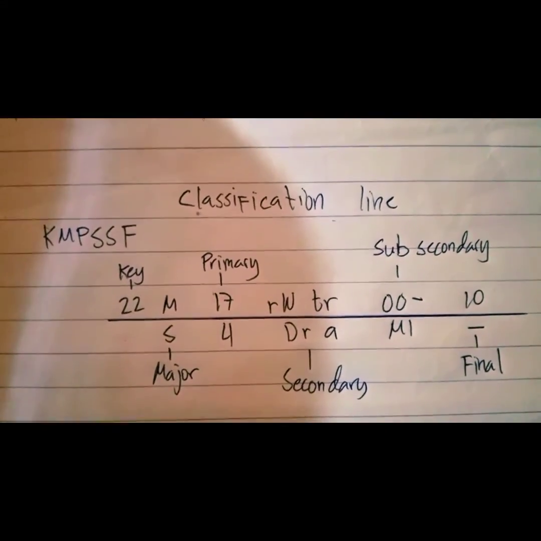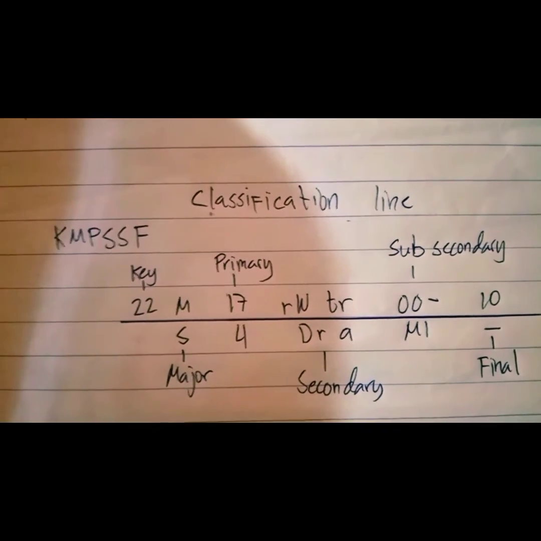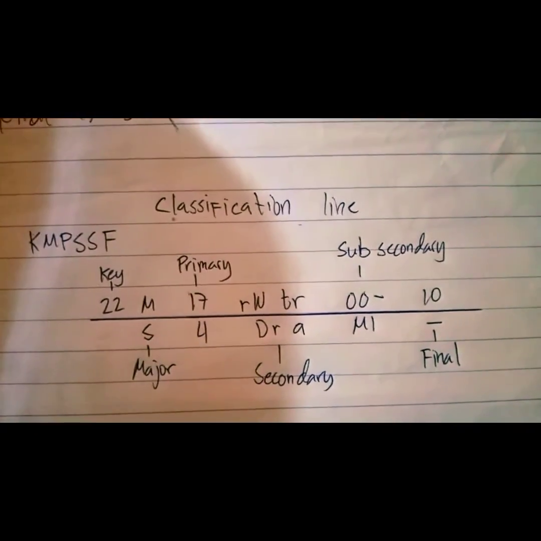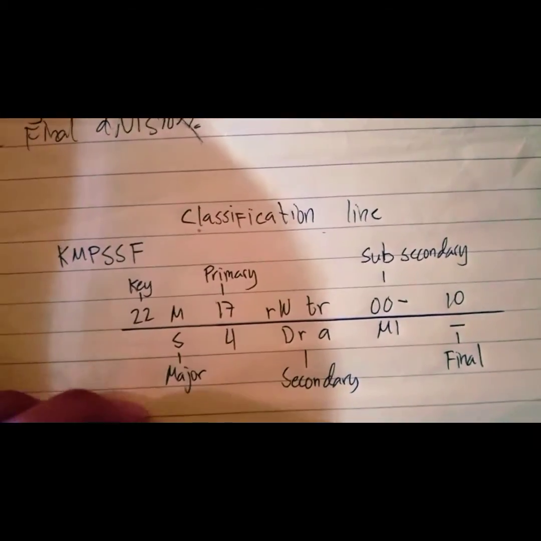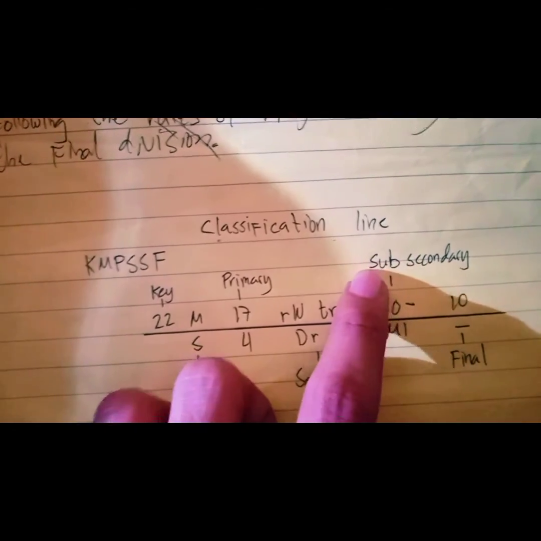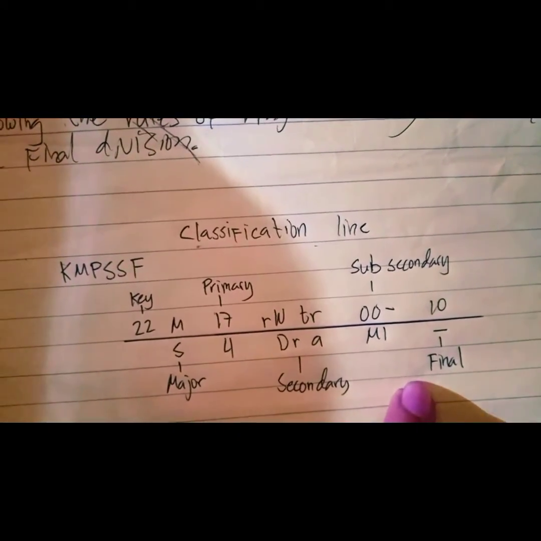The classification line is based on the key, the major, the primary, the secondary, the subsecondary, and the final division.